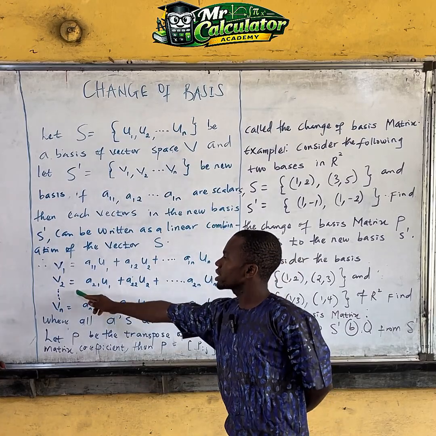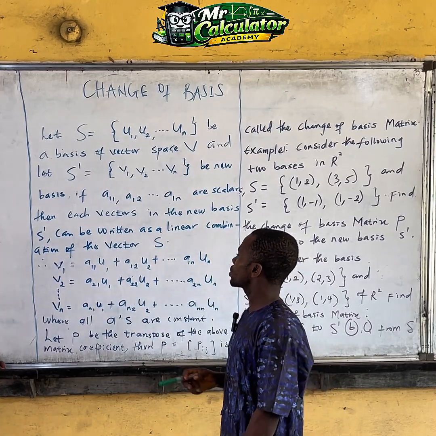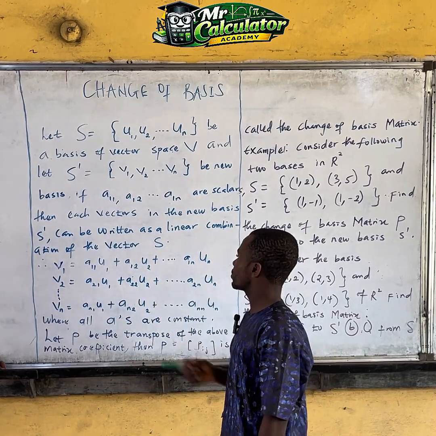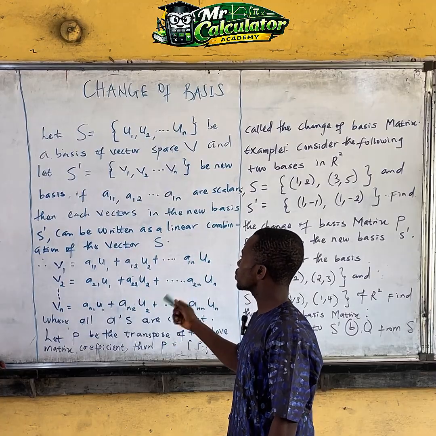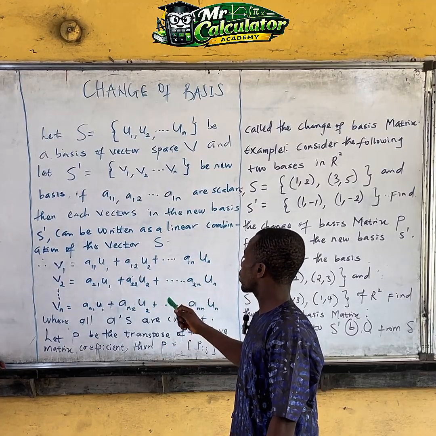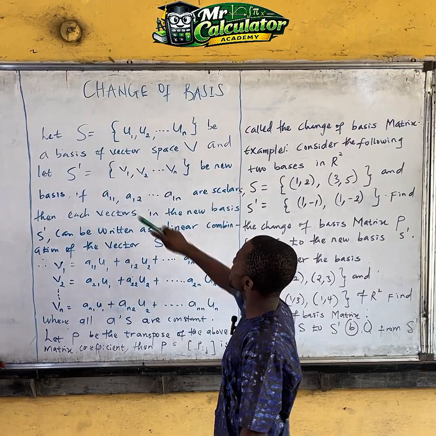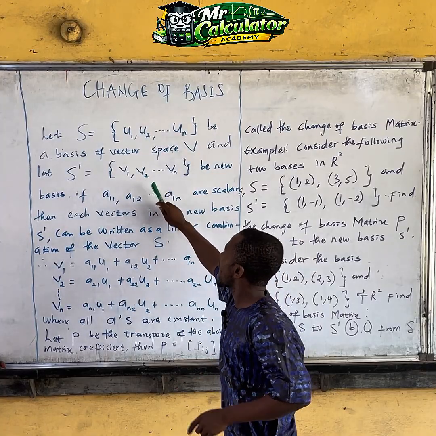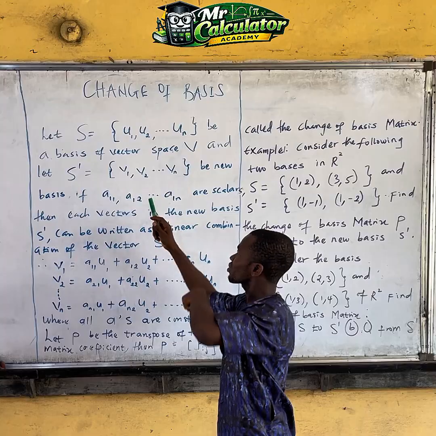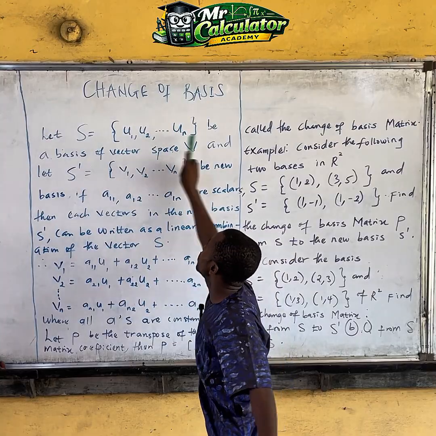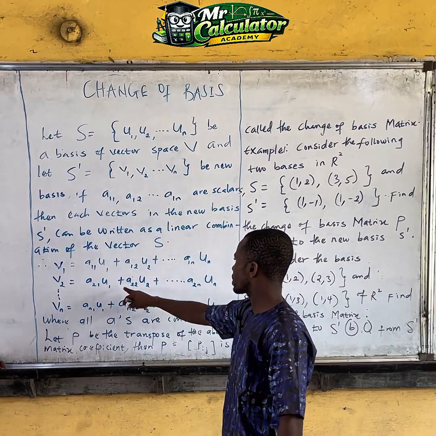And the same thing applies here. V2 equals A21 U1 plus A22 U2 plus up to A2n Un, which means we have written vector V2, which is a basis in S prime, as a linear combination of the basis of S, as you can see.